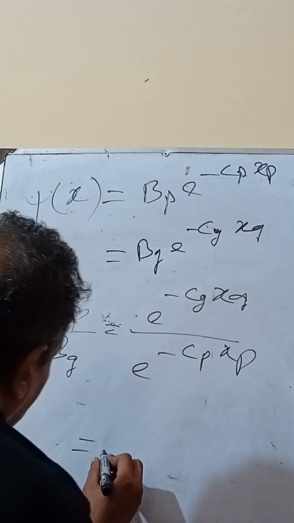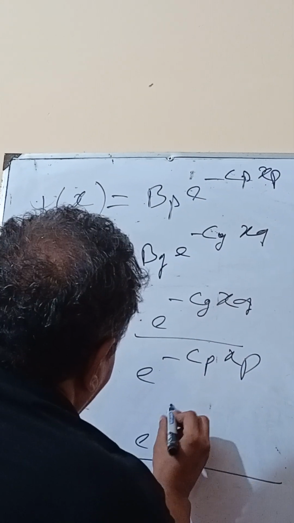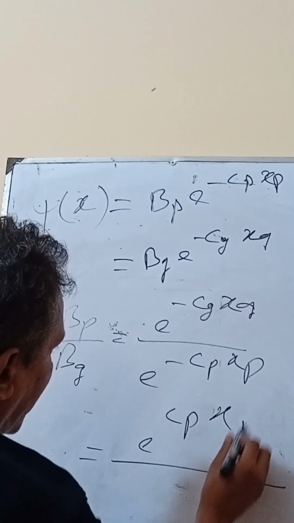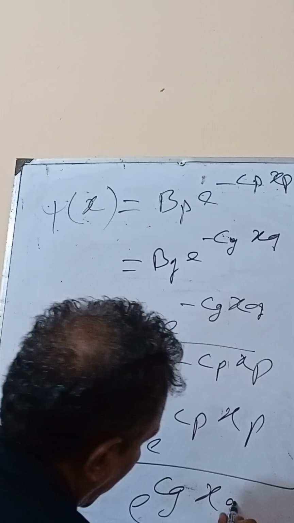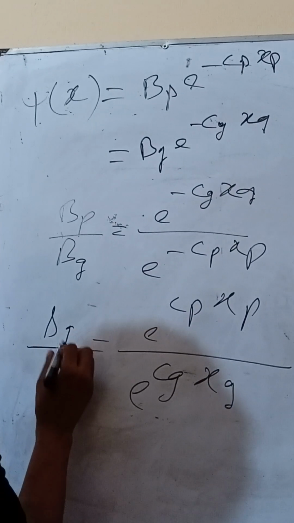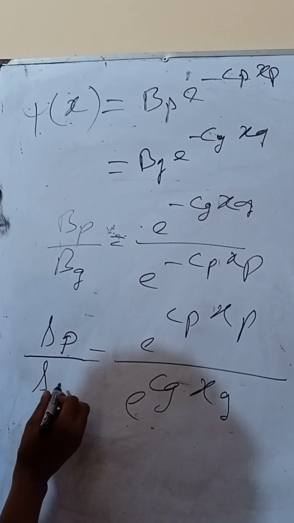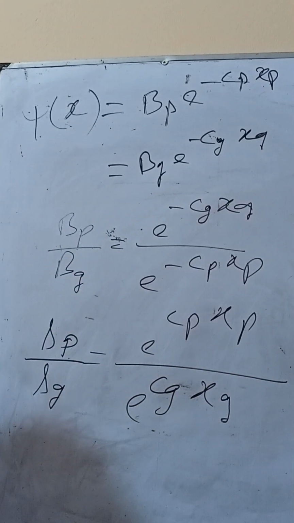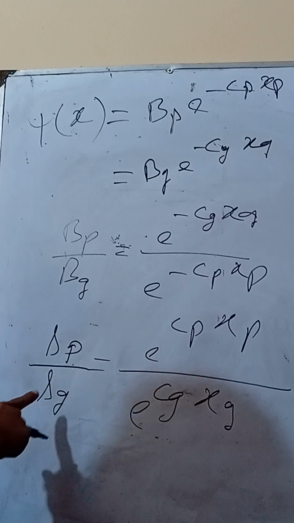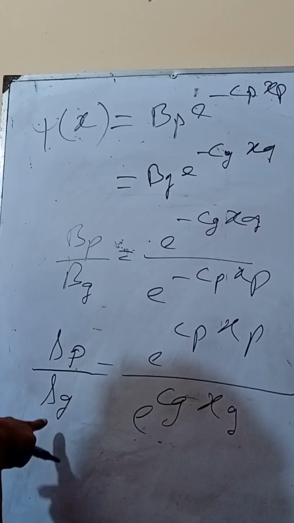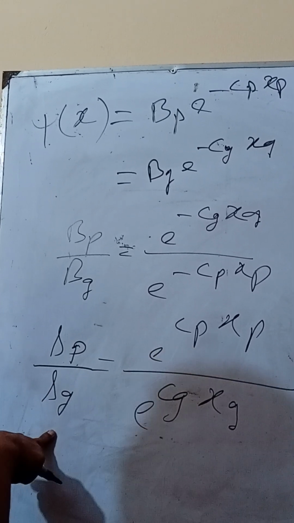We can write minus Cp xp equal minus Cz xz, and we can also write lambda p, lambda z. Lambda p is equal to wavelength of photon particles, lambda z is equal to wavelength of graviton particles.